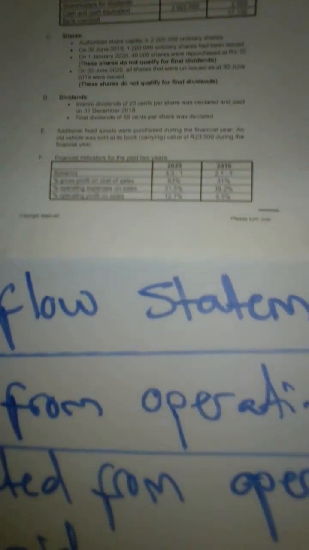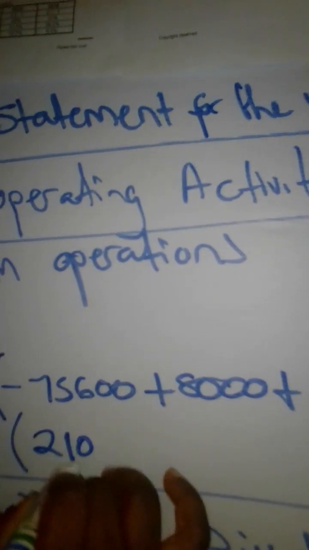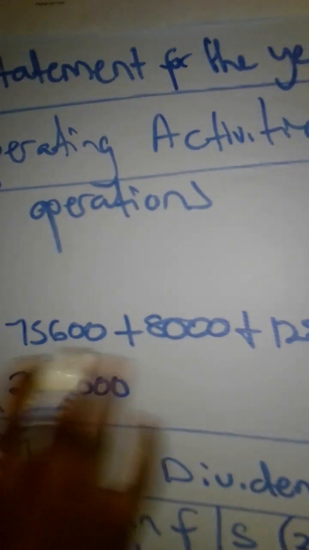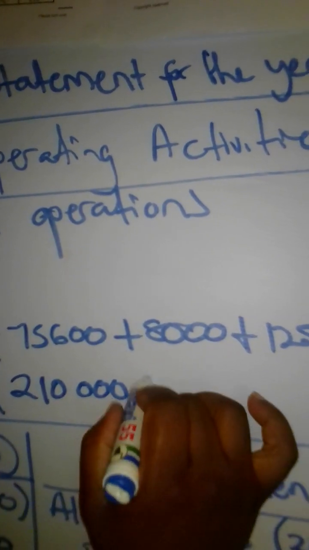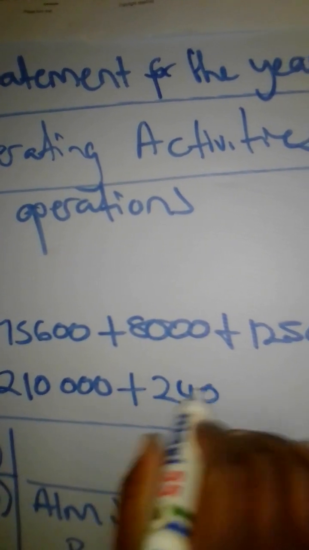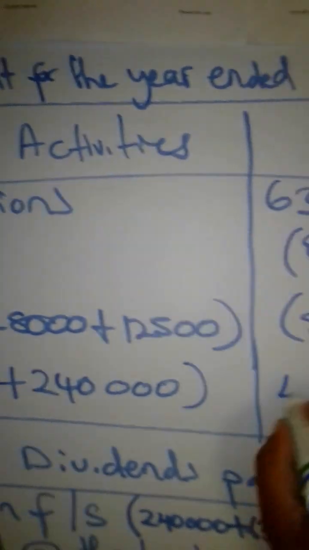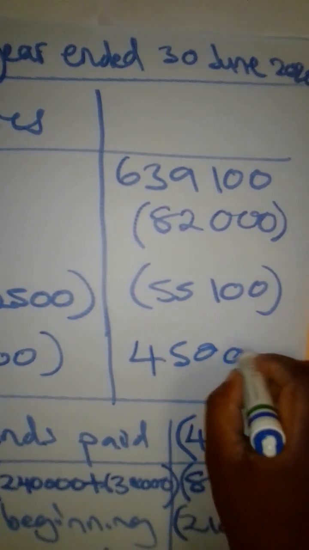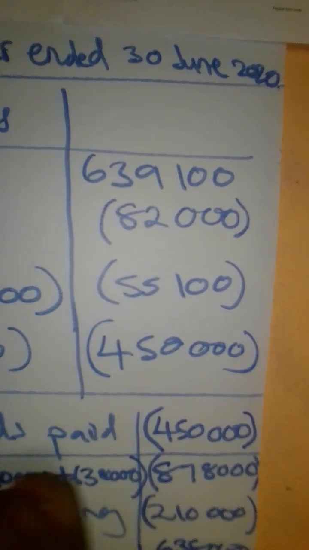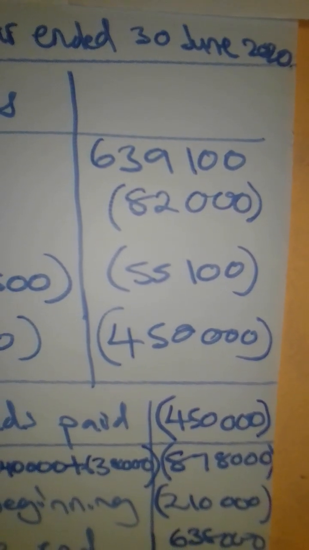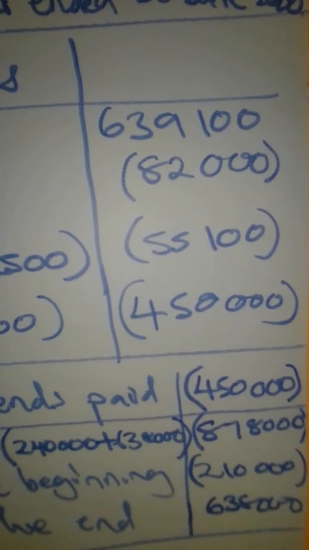So we can simply add the two amounts: 210,000, which is the amount from the previous year, and then add the 240,000, which is the interim dividend. When you add the two amounts, you still get 450,000, which is our dividends paid by the end of the financial year.